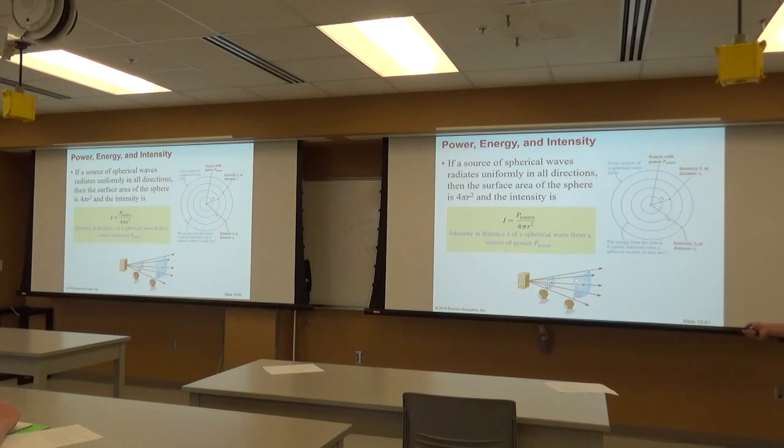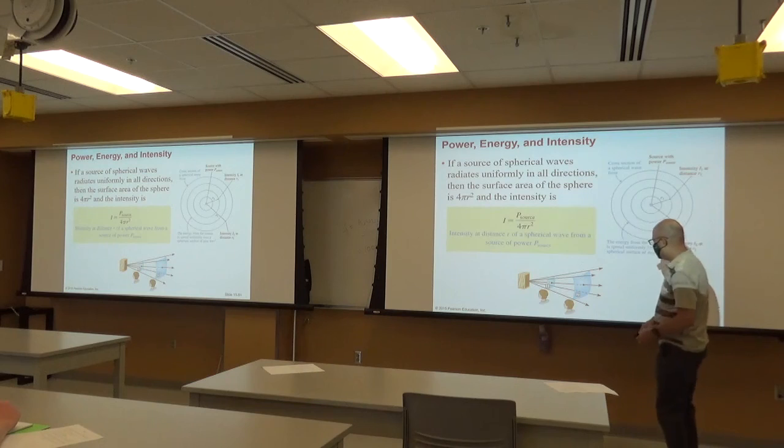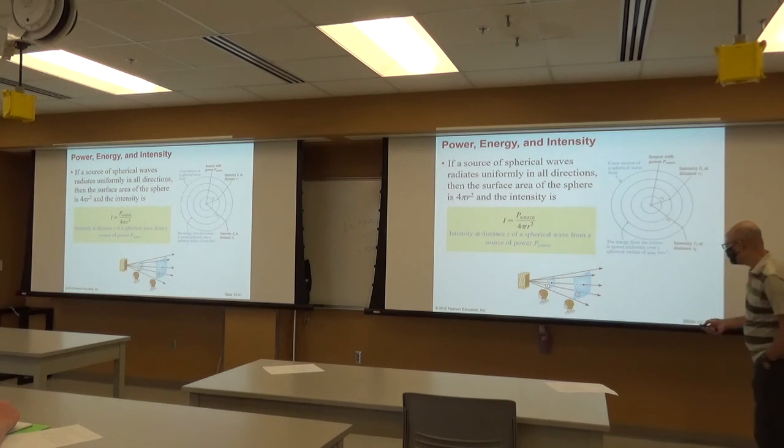Here it is falling over a bigger area, so less intensity. If you see the arrows here, there are more arrows passing through here. More arrows means more intense sound, and fewer arrows pass through the surface here.